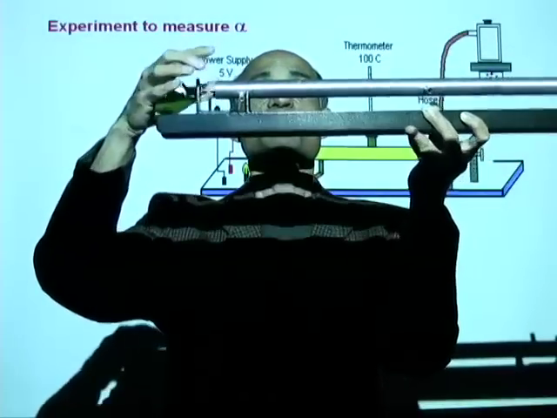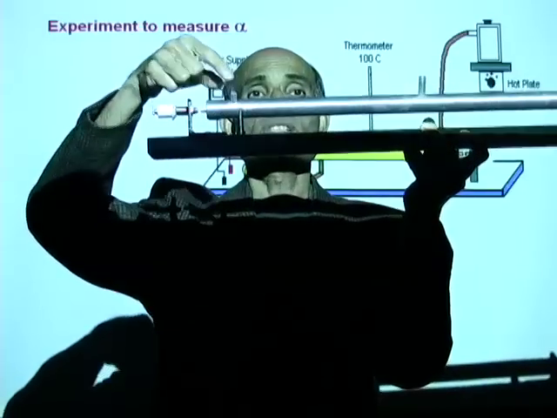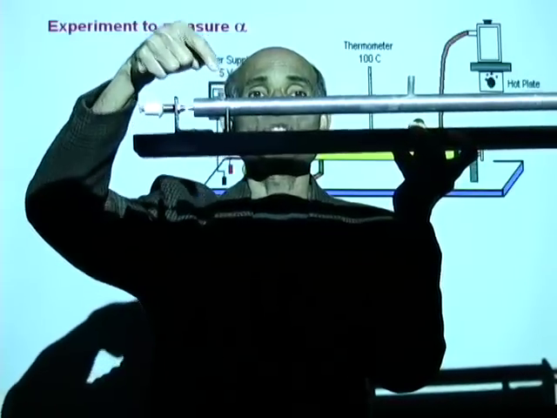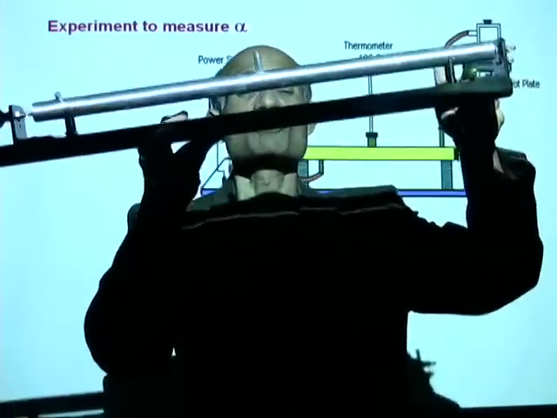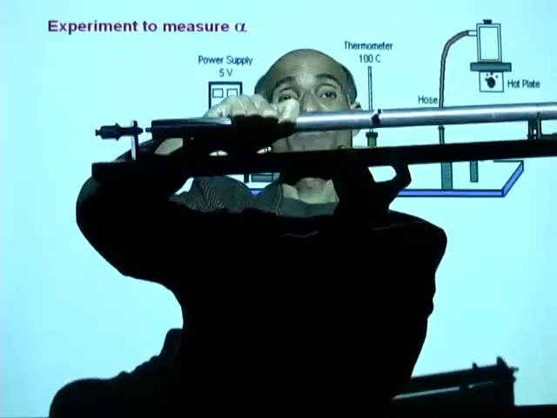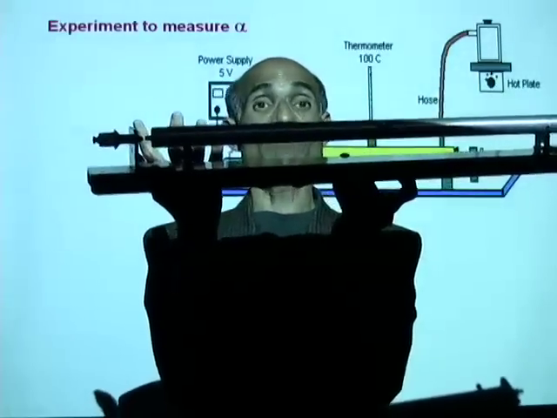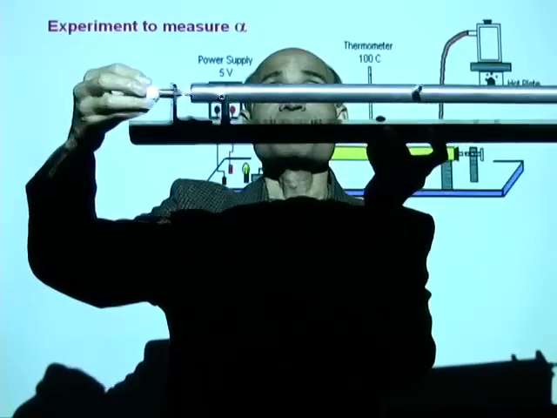Now, once you have a space there, you can pass steam through here. The steam will go into the jacket and then out through the other end. And after passing steam through this for about 5 or 10 minutes, the rod will expand.